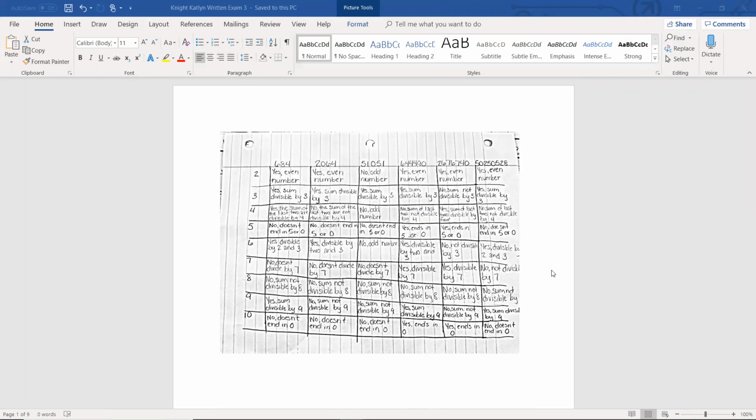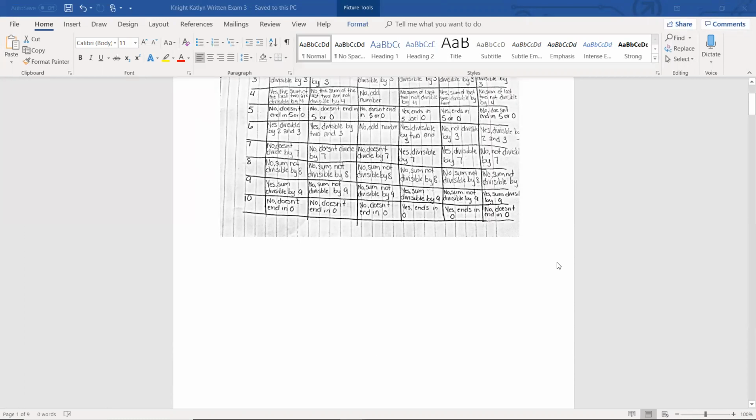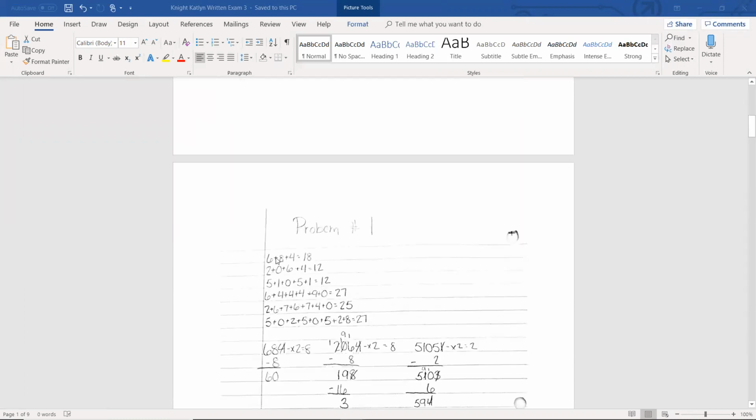We can do the same kind of thing for 8s, but 8s are just the last 3 digits. I know I'm going out of order, but this is how I did it because I saw a pattern as we were starting to do the divisibility. For 8s we can just look at the last 3 digits.